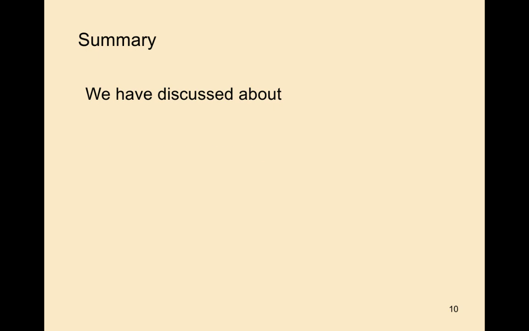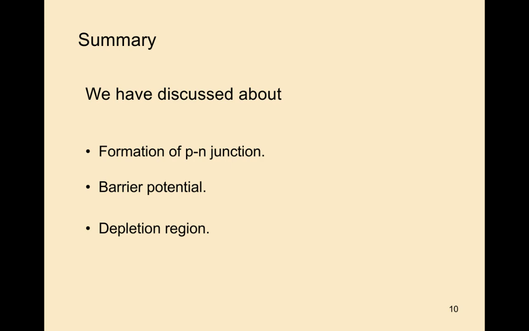Summary. Up to now we discussed how the p-n junction is formed and what is meant by barrier potential and depletion region. So how is the p-n junction formed? By adding p-type semiconductor and n-type semiconductor, a p-n junction is formed.